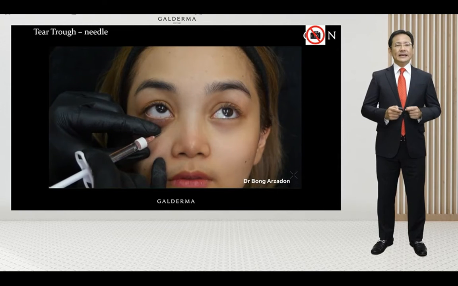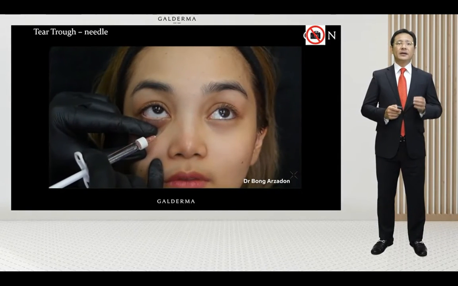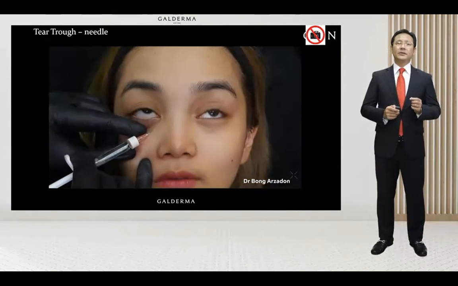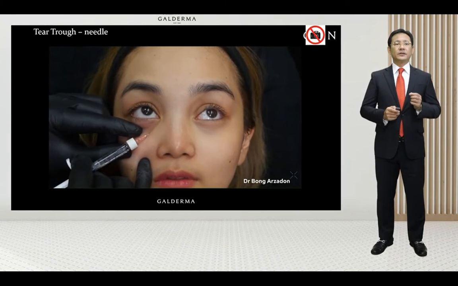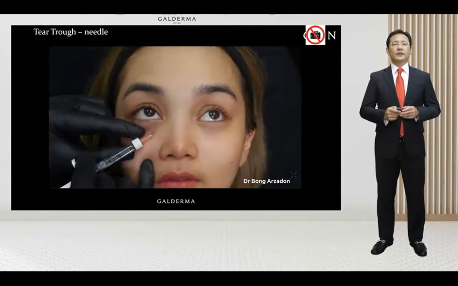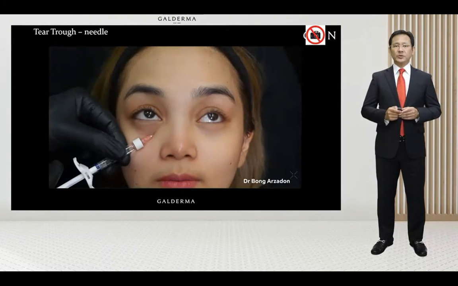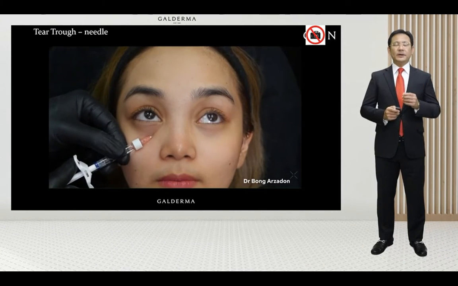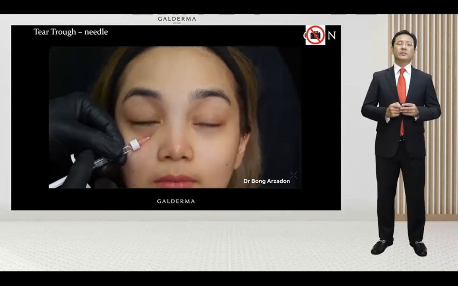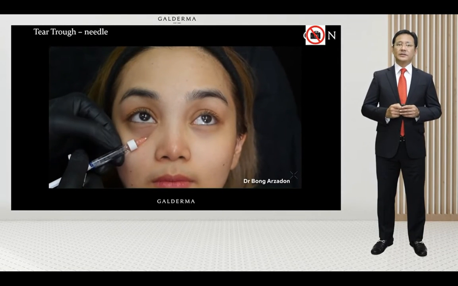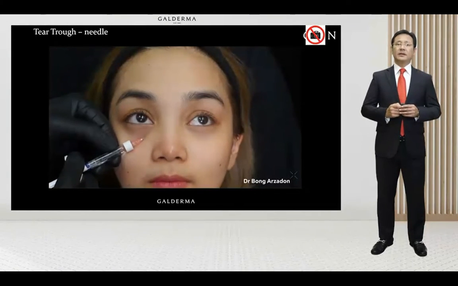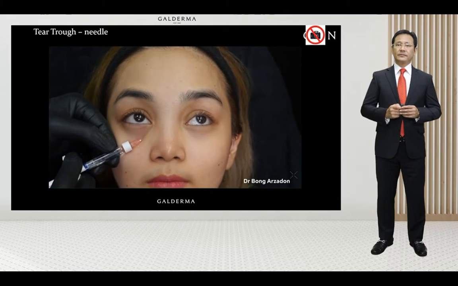With the needle technique, I begin my injection in the inferolateral portion of the tear trough, and using a 30 to 45 degree approach, I would go deep into the supraperiosteal plane, heading towards the superomedial segment of the tear trough.